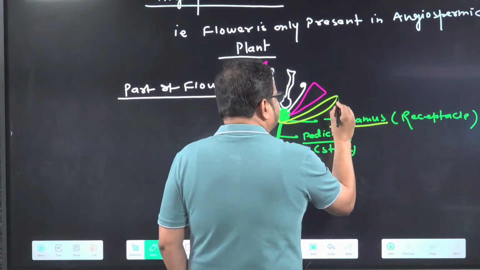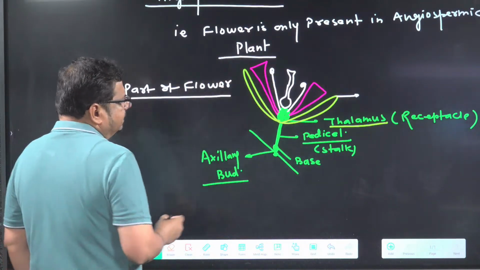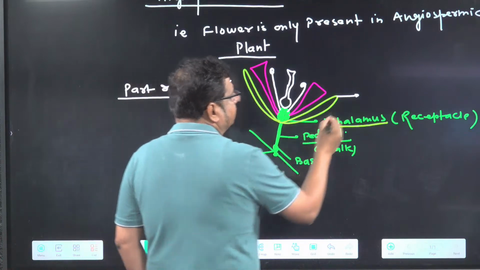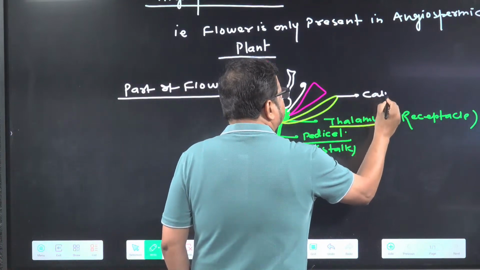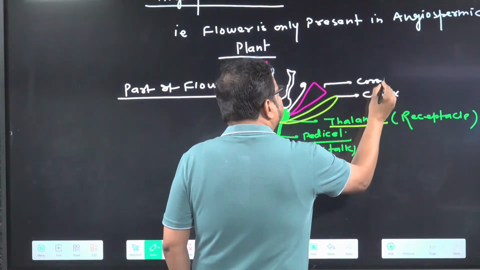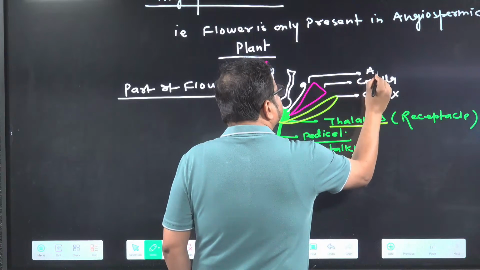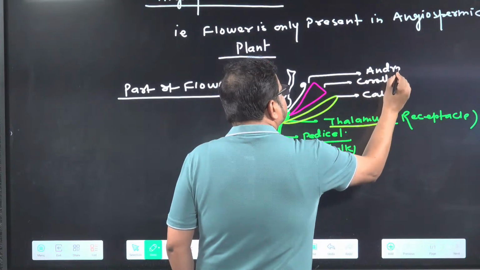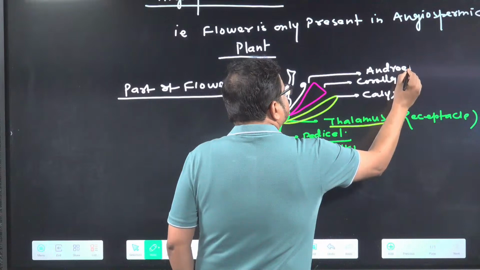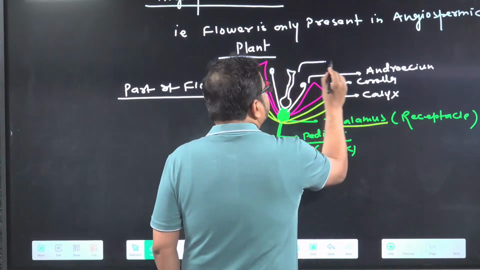So how many whorls are we finding in the flower which is arising from the thalamus? Outermost is calyx, then corolla, then androecium, and the innermost is gynoecium.